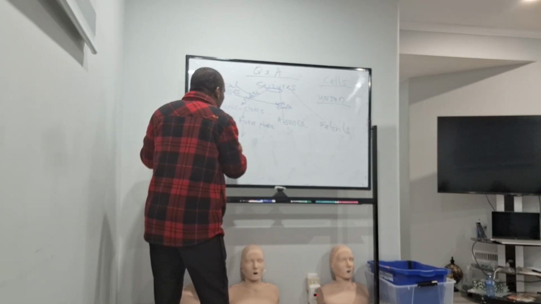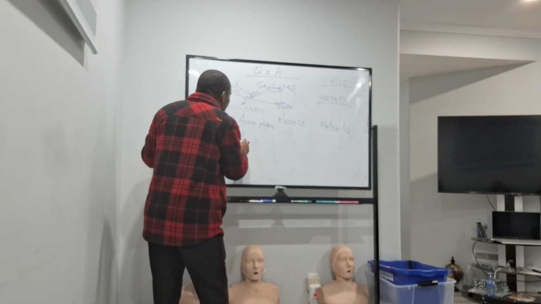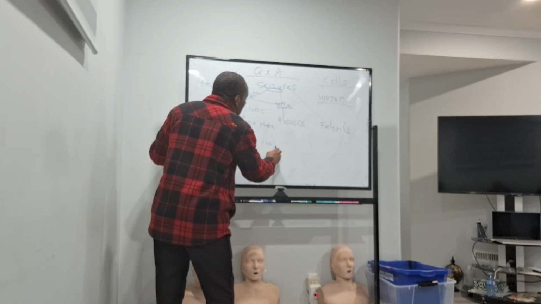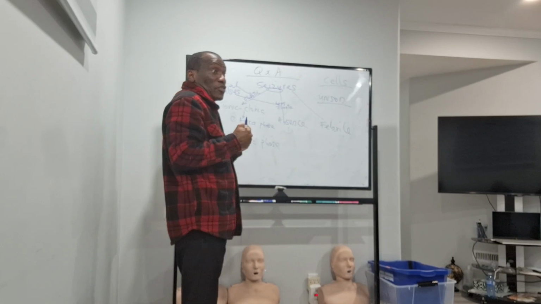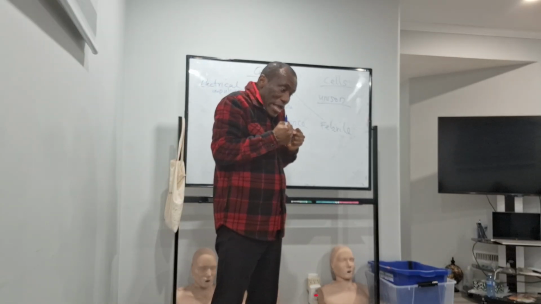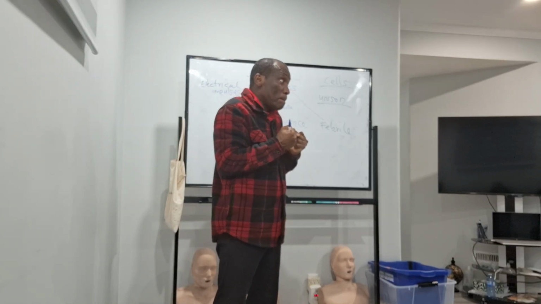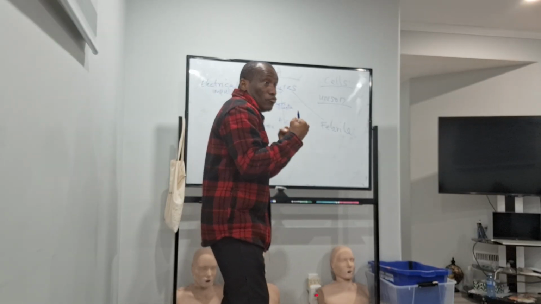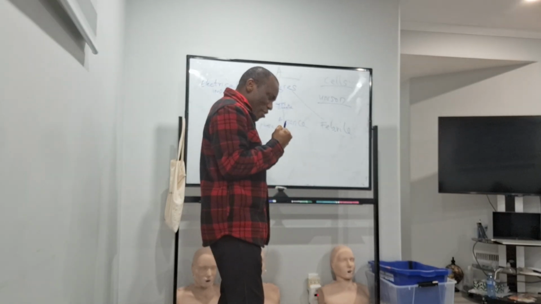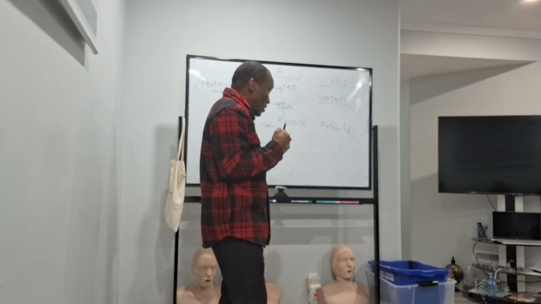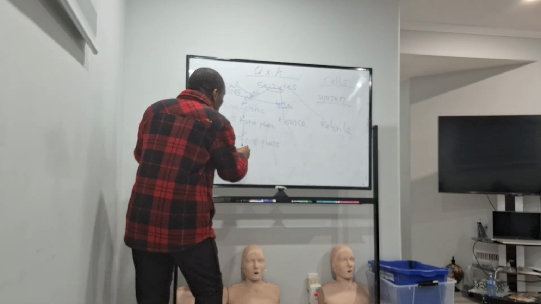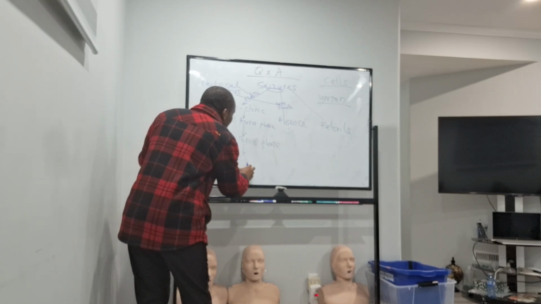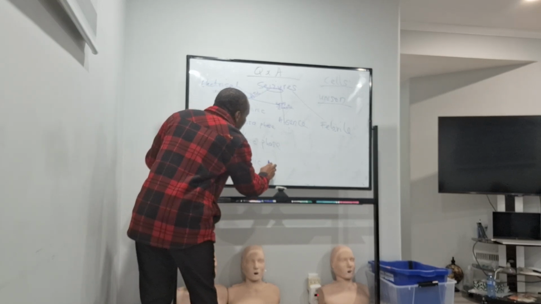Phase 2 is called the tonic phase. Tonic phase is when the muscles of the body become rigid and stiff, like the muscles no longer moving freely. And then that will give way to phase 3, which is called the clonic phase.